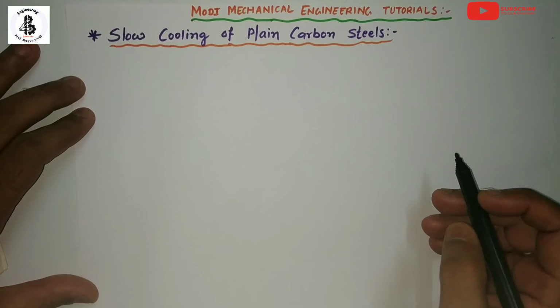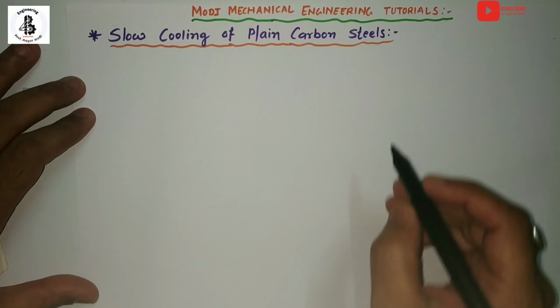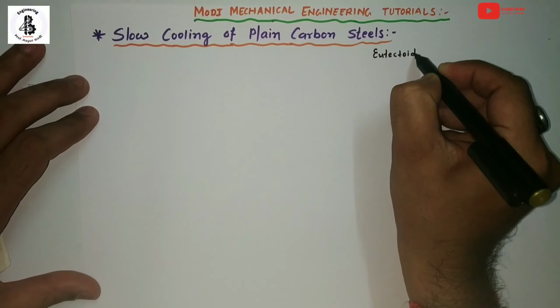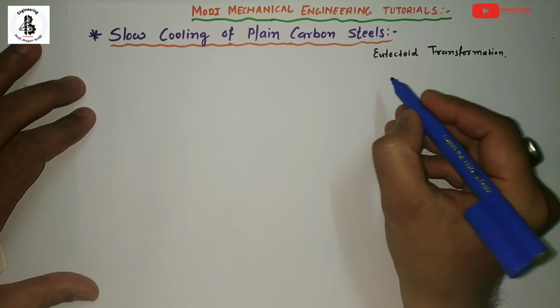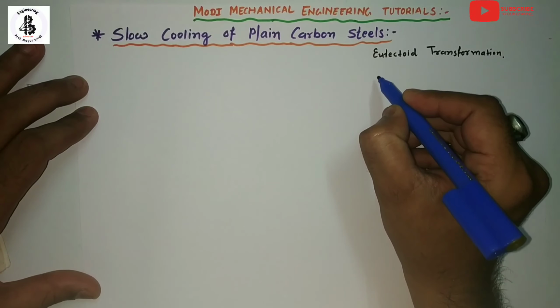For making a steel, you should know about the eutectoid transformation.